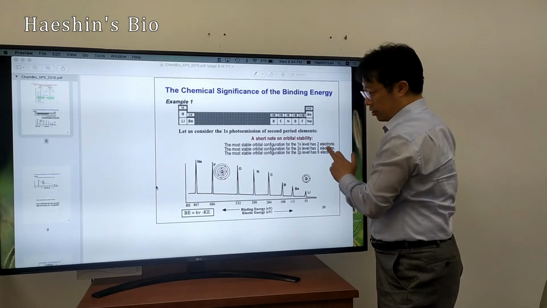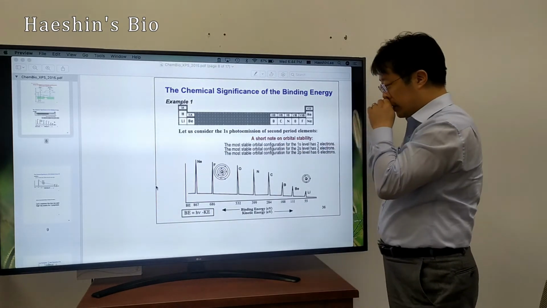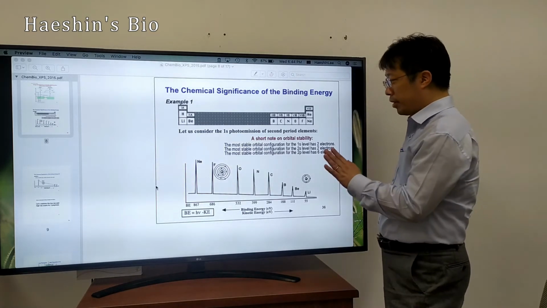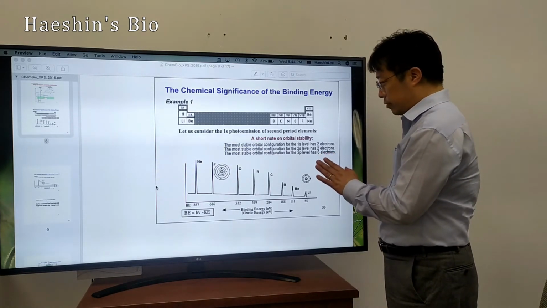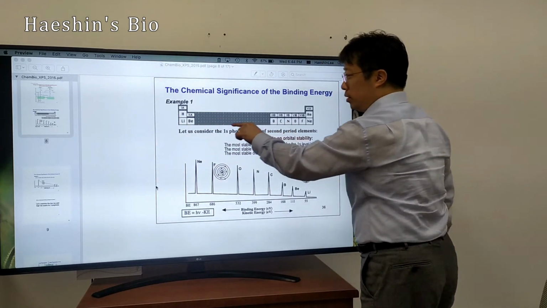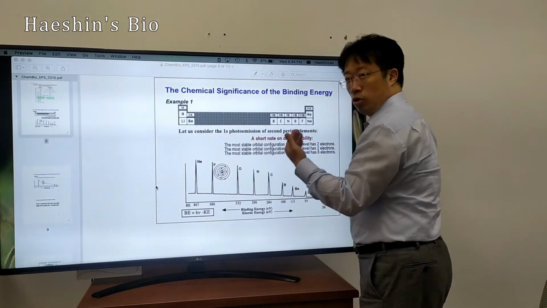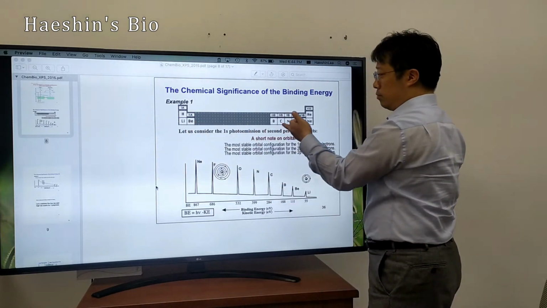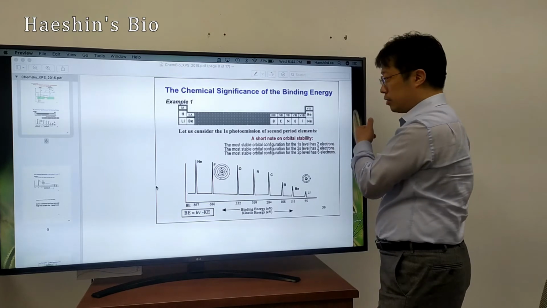Comparing the 1s orbitals, the lowest binding energy you learn is from lithium, beryllium, and then nitrogen in these directions.